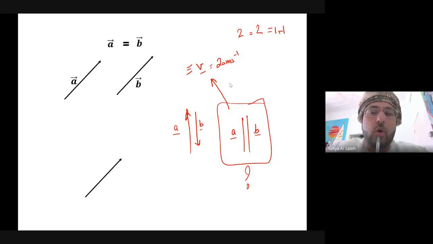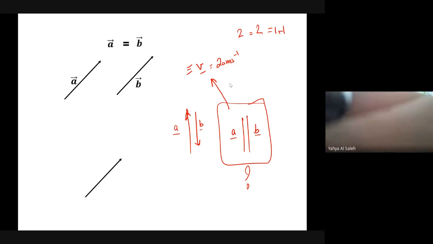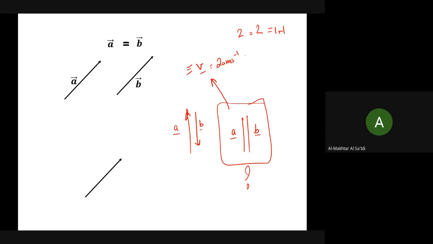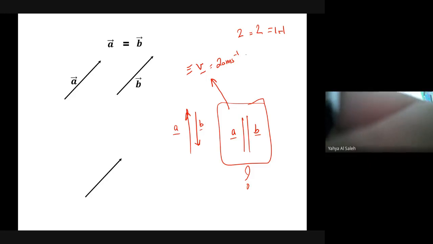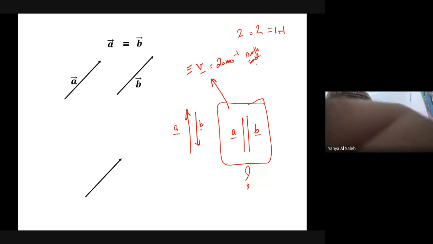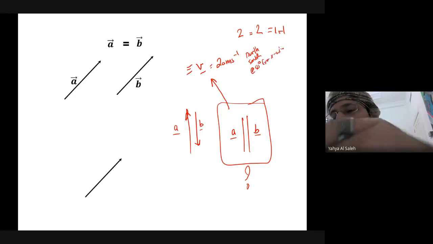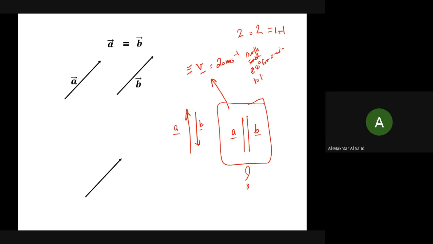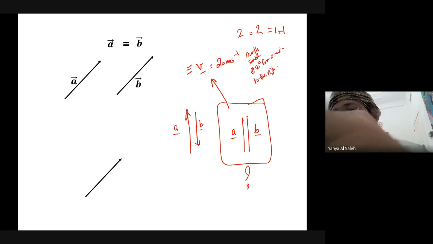Or if I don't want to put a sign, I need to write something like direction, like north or south, or at 50 degrees from the x-axis, or to the right or left of my home, something like that.